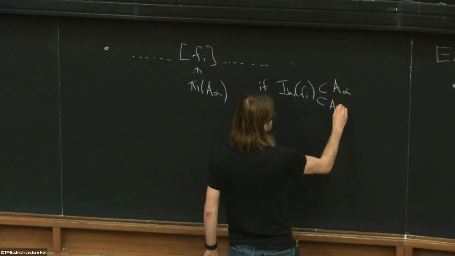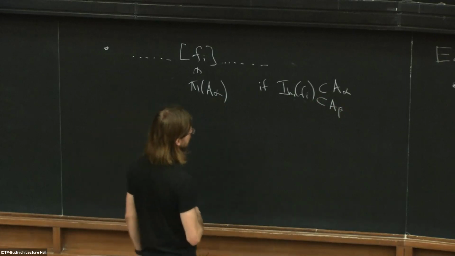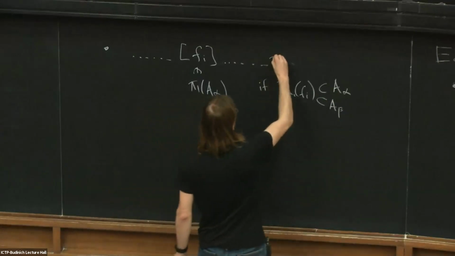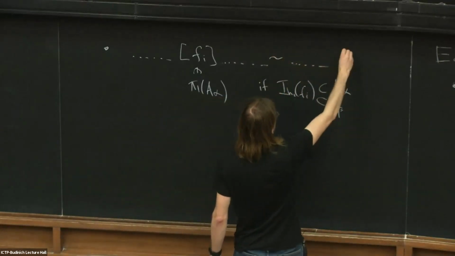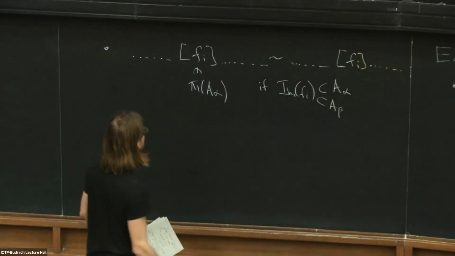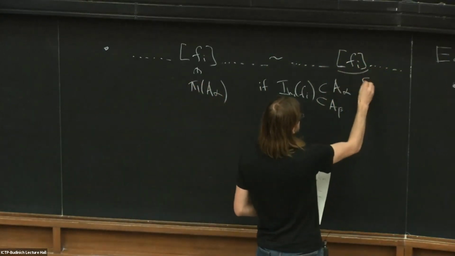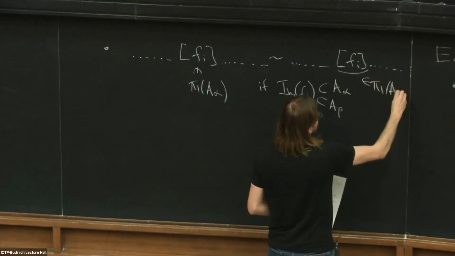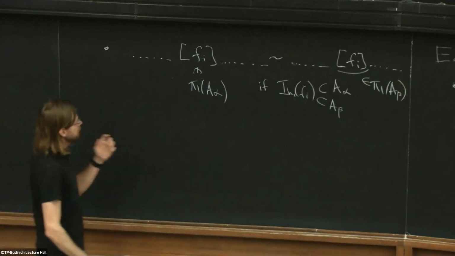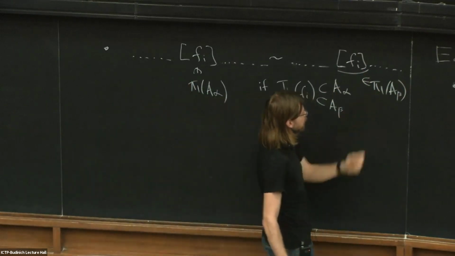But suppose it also belongs to some A beta. So it's a loop contained in both A alpha and A beta. Then what we want to say is that this factorization is equivalent to the factorization where we have the same thing, but now this element is treated as an element of pi1 of A beta. The notation is the same, but this one is considered as an element of pi1 of A alpha, and this one as an element of pi1 of A beta.